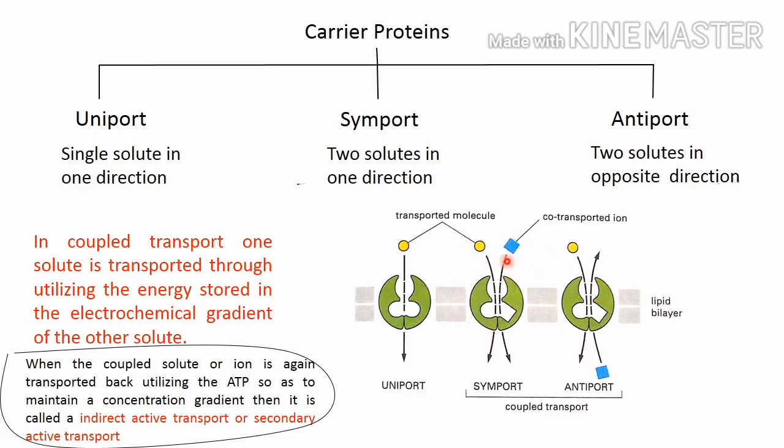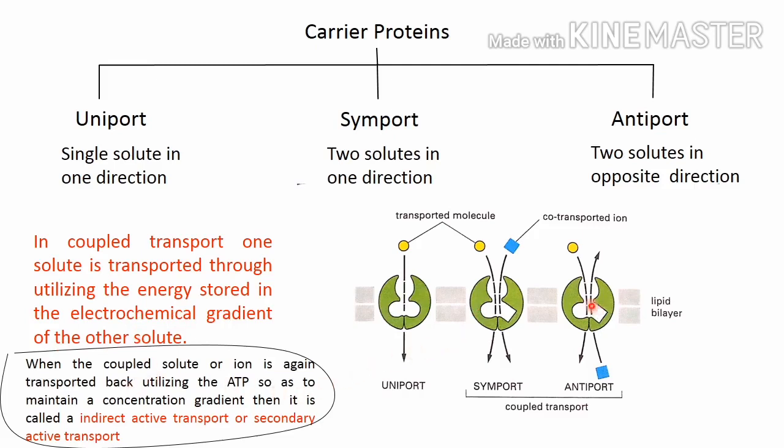So in this case, one molecule is transported against its concentration gradient, whereas another molecule is transported down its concentration gradient, and this concentration gradient energy is used to transport the molecule. And it is important that in coupled transport, one solute is transported utilizing the energy stored in the electrochemical gradient of the other solute.